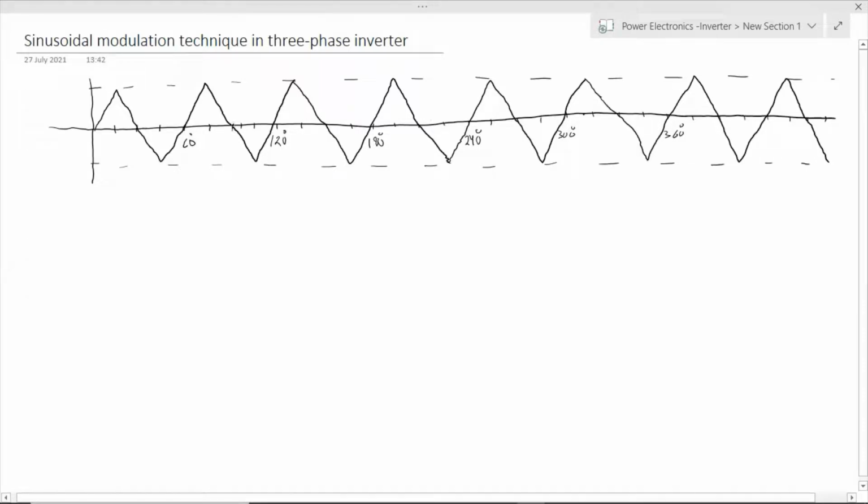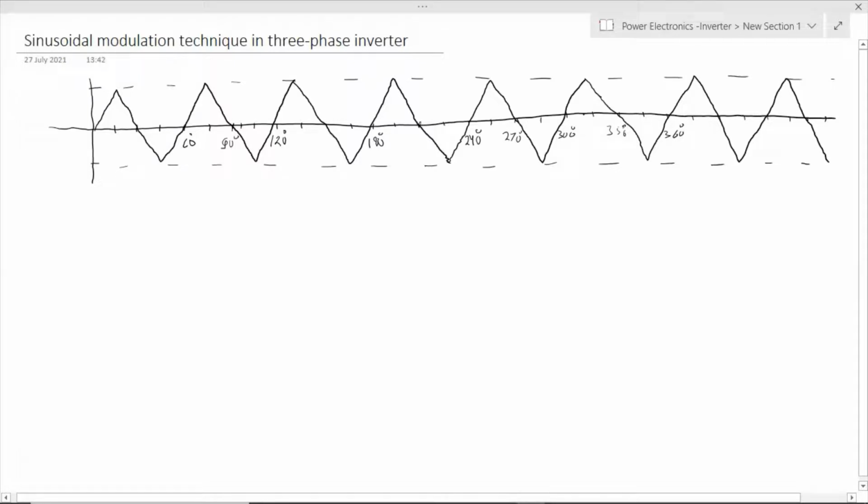This will be 90 degree, and this should be 270. Sorry. So this is 90, and this is going to be 270 degree. Then 300, then this could be 330 degree. Not much we need.